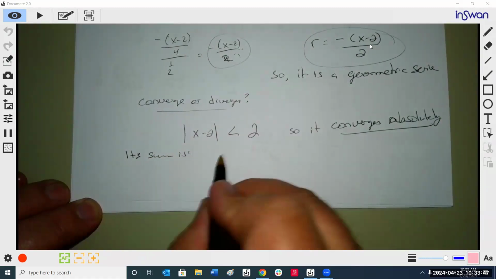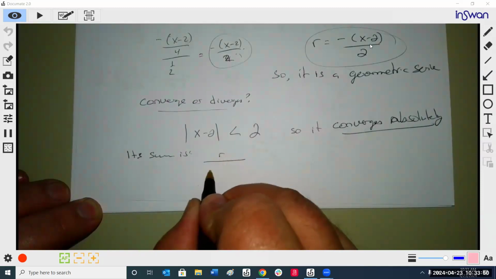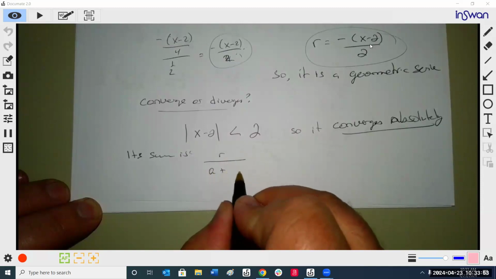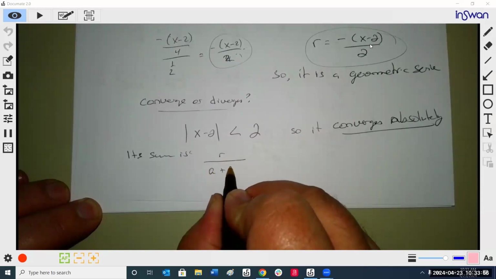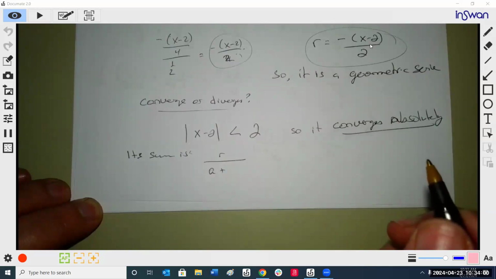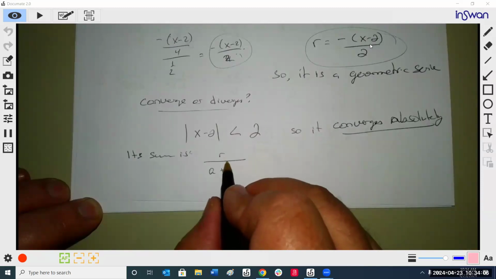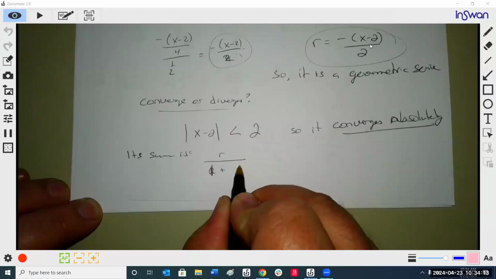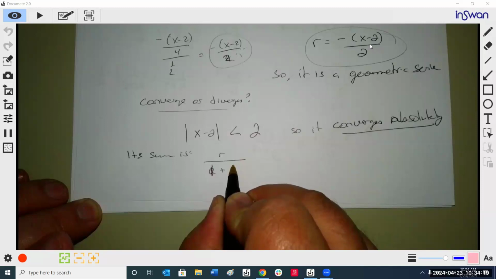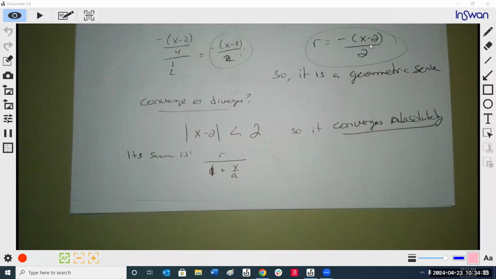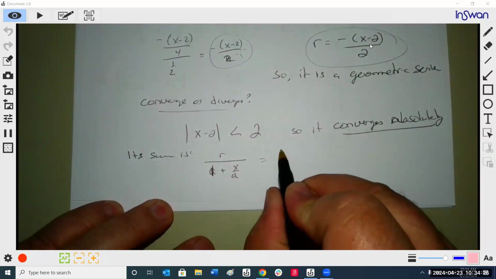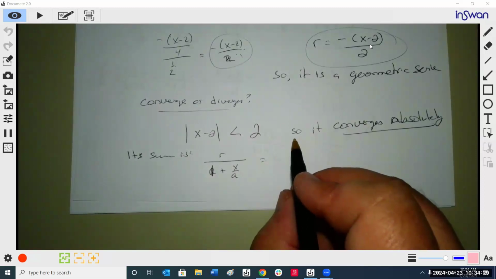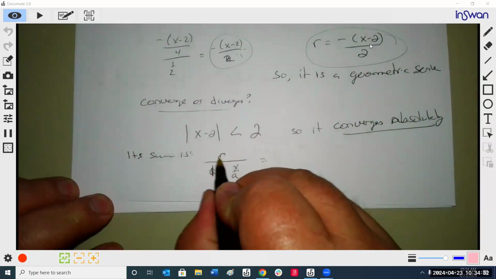This sum is a over 1 minus r. The ratio was negative x minus 2 over 2, and a was the first term.